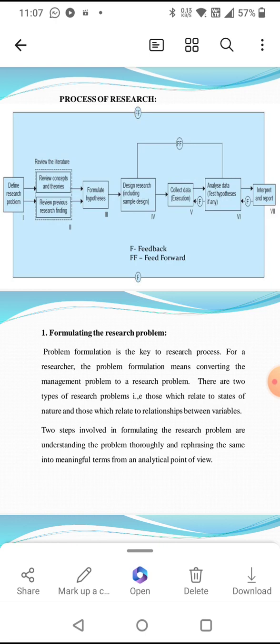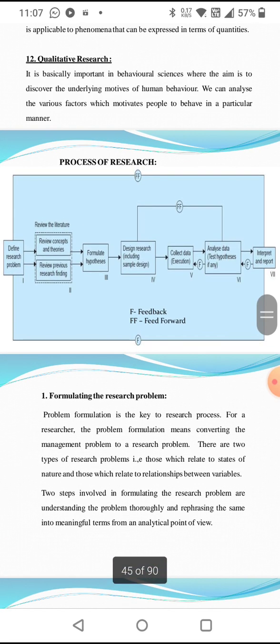So in today's video, that is video 3, we will be learning about the process of research in detail. As you can see in the slide, we have a diagram which depicts the process of research, that is how the research has to be conducted.